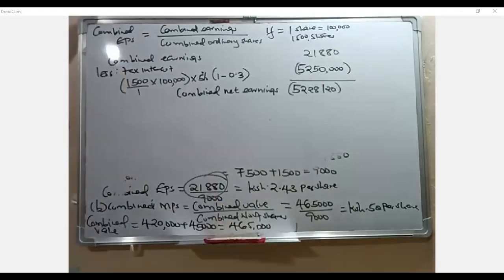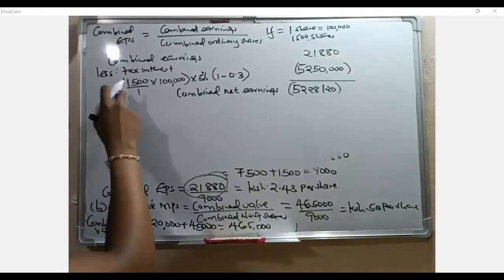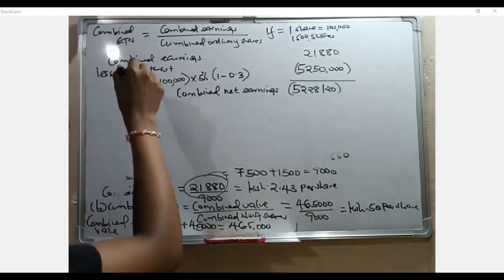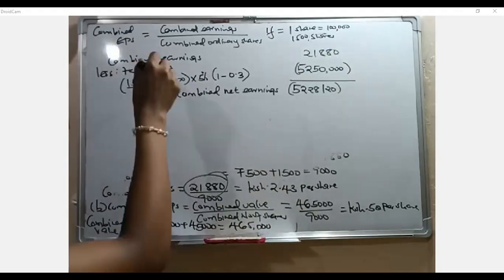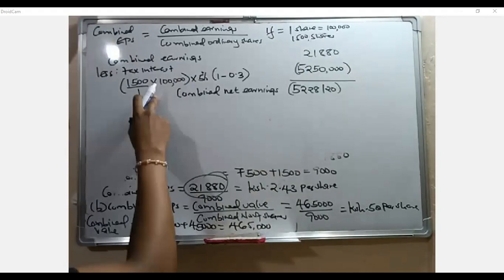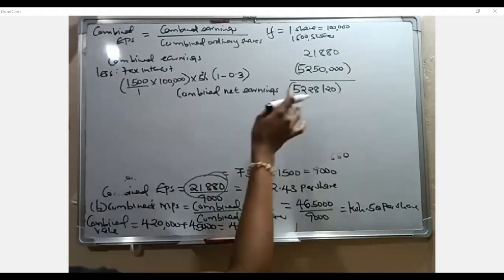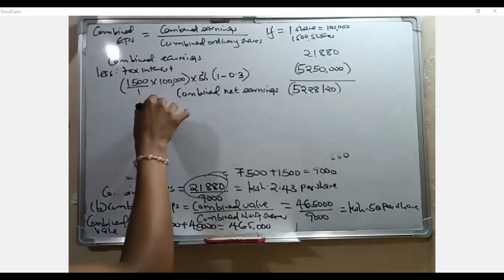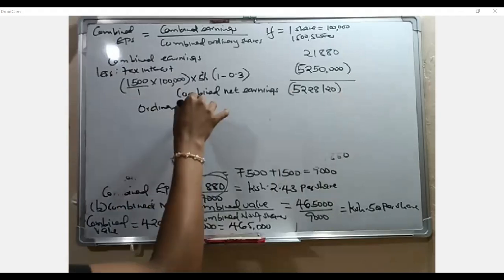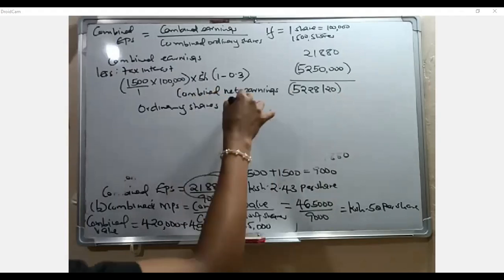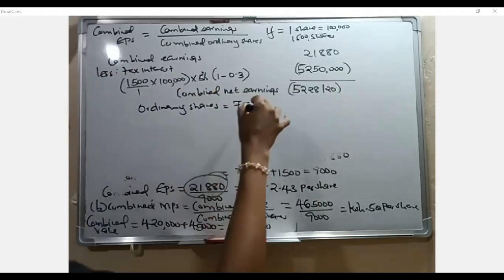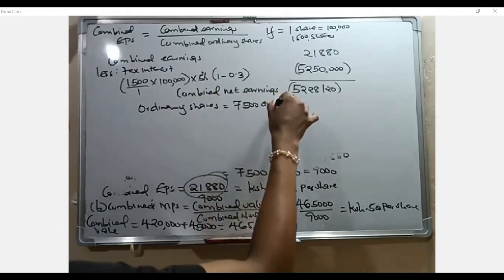Now, you remember very well, when we were discussing the combined number of ordinary shares, because already we have converted our shares in the Alpha Limited into this debenture, giving us the combined net earning, which is negative. So when I want to look at the ordinary shares remaining in the company, we look at the parent company, where the number of ordinary shares remaining is 7,500 ordinary shares.